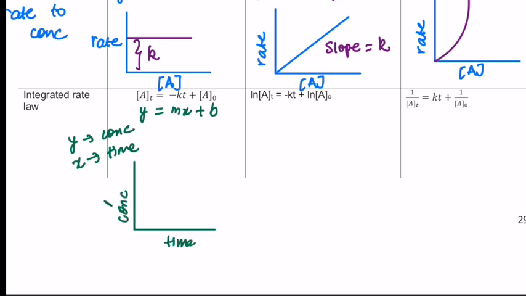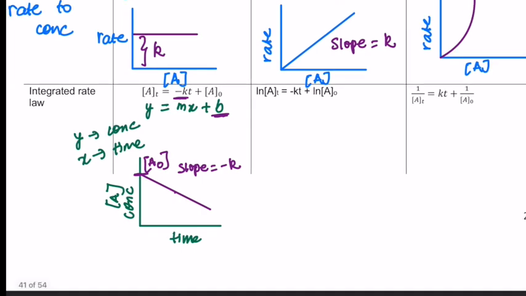Time, concentration. So the graph is a straight line and the slope is negative. So the slope is negative k. The y-intercept b is the initial concentration A naught, and A t would be the concentration at any given time.